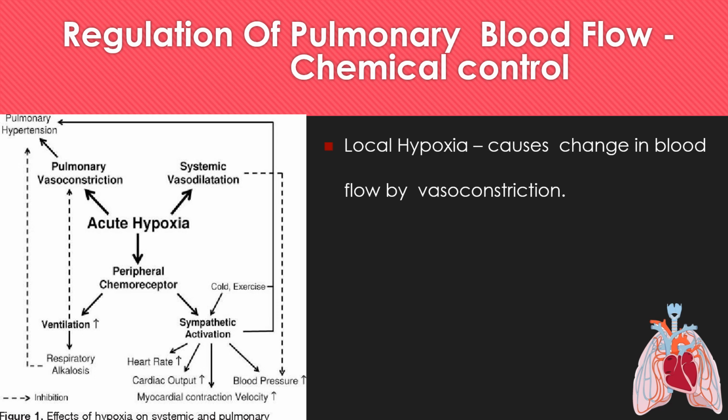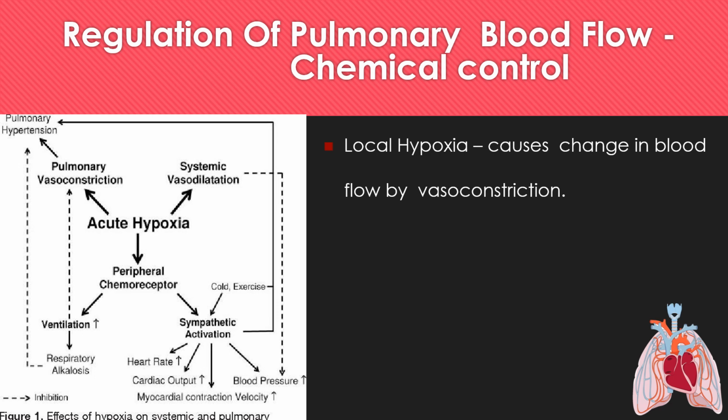Whereas in the lung, in the region of hypoxia, it means the alveoli in that region are not well ventilated, so they will not get adequately oxygenated. As there is no ventilation and less oxygen, the blood flowing through the unventilated area will not get oxygenated.